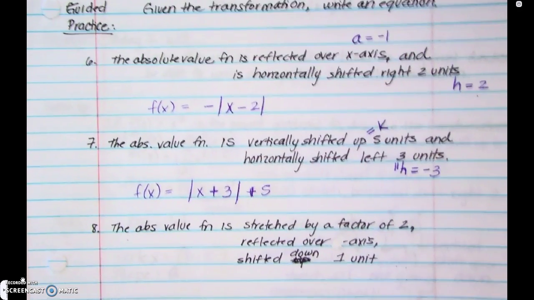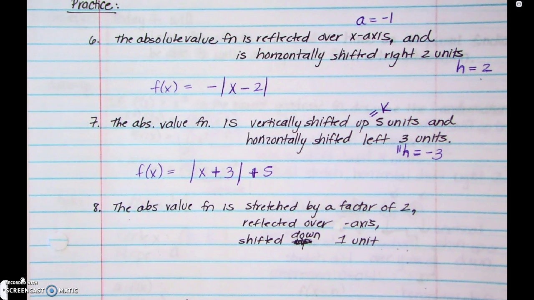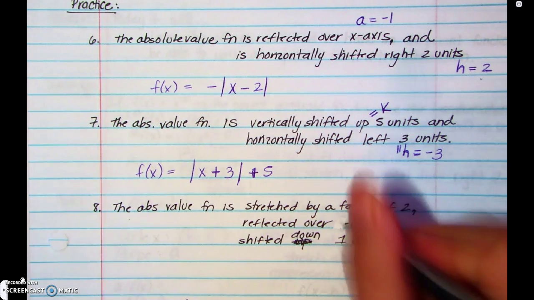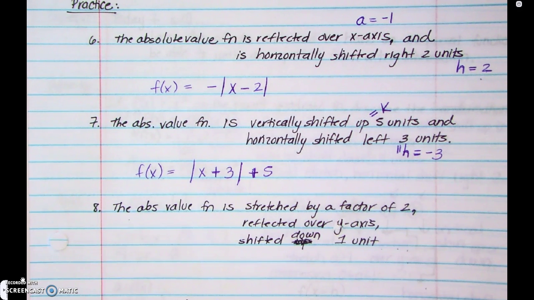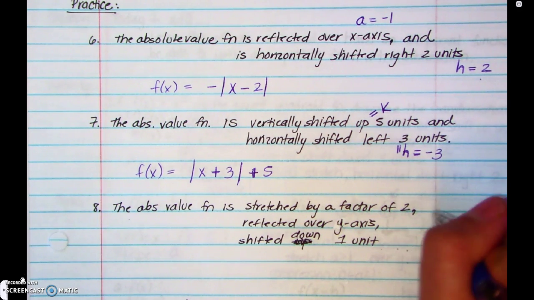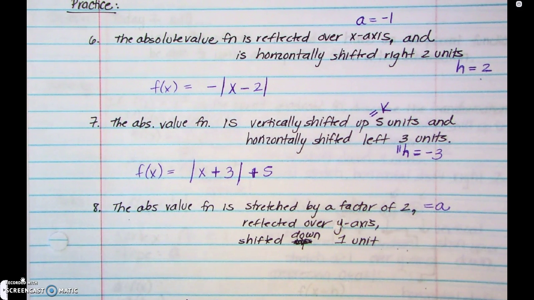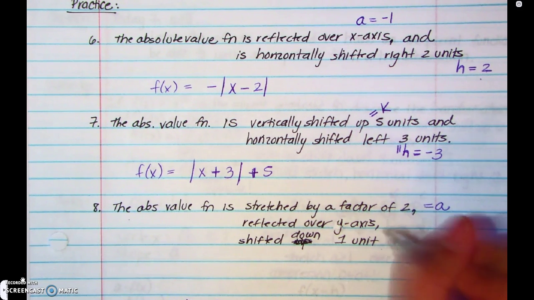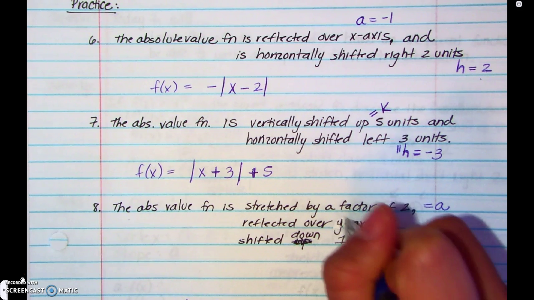Okay, go ahead and try number 8. My bad. Let's do number 8 together. It is stretched by a factor of 2. So that means that A is 2. B, reflecting over the y-axis.